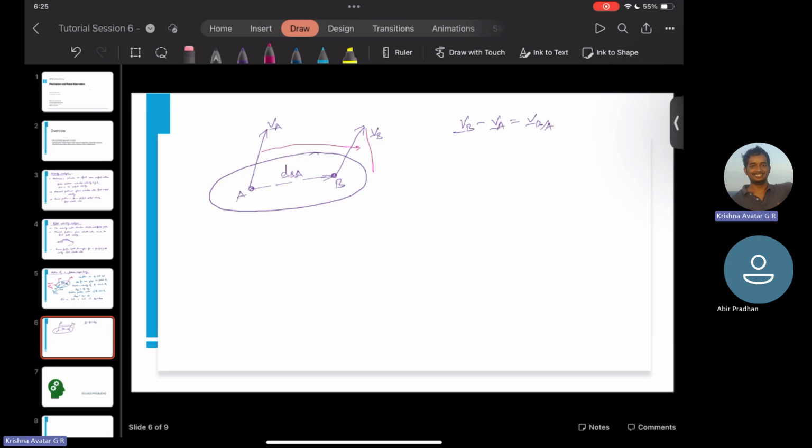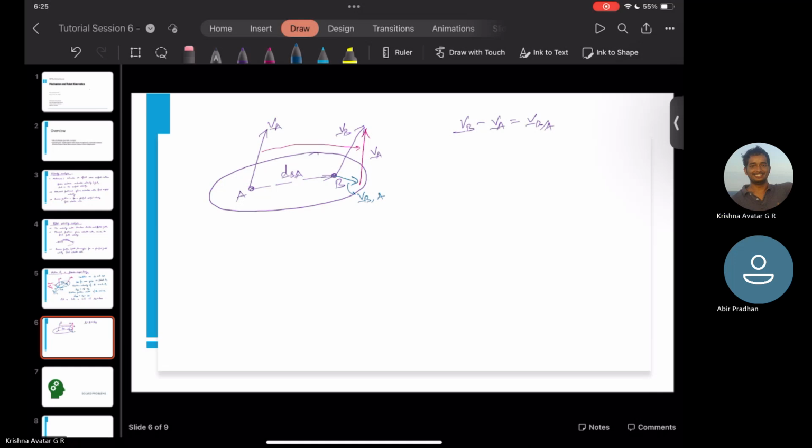So there's VB vector, this is VA vector, so this will be our VBA vector, from the triangular sum rule of vectors. So this is what we have, VBA.